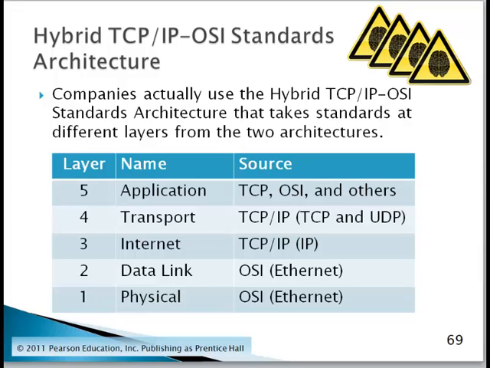And if you look at layers 1 and 2, those are directly pulled from the 7-layer OSI model, whereas layers 3 and 4 are pulled directly from the TCP/IP model, and layer 5 is kind of a mashup of the TCP/IP model, the OSI model, and some others. And that's where we scrunch down 3 layers in the OSI model, the application, the session, and the presentation layers into one big application layer. It just makes it simpler to understand.